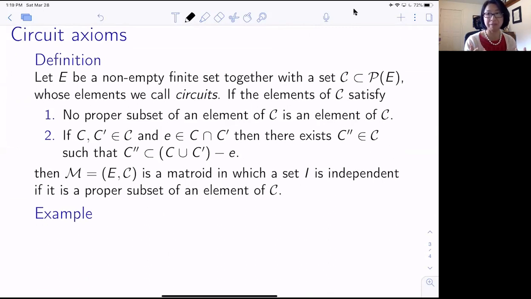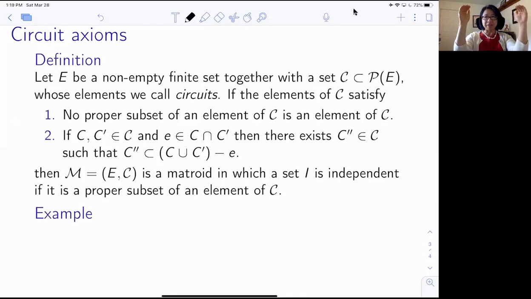That's just because of minimality. And then there's this other axiom. We've seen this in all of our definitions so far: independence, bases, there were always 2 axioms, and the second one was a little more complicated. Here, if we have 2 circuits and they share an element e, I can look at the union of the 2 circuits, take out the shared element, and that has to contain a circuit. That's what this is saying here.